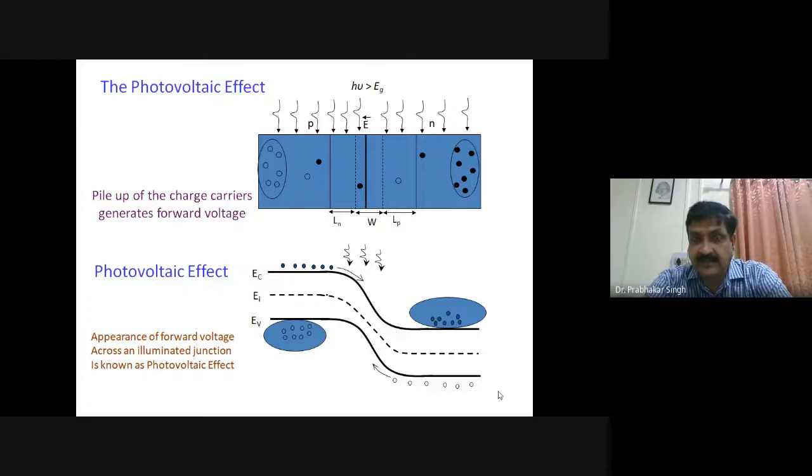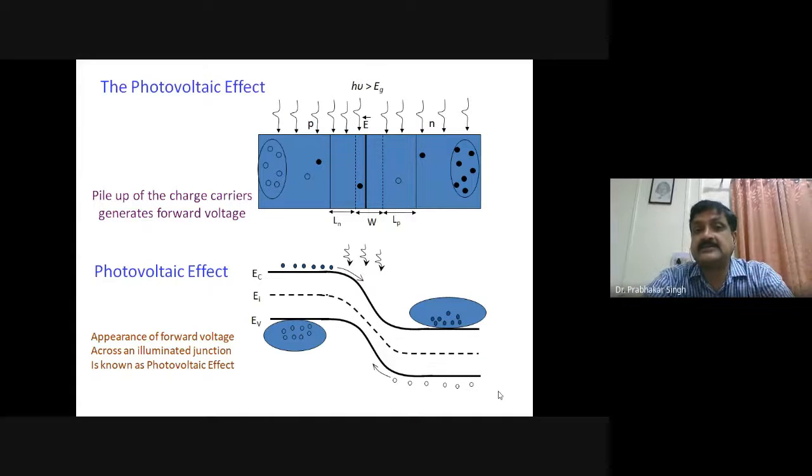When it is illuminated with the proper band energy, holes will accumulate in the p region because of the transfer of holes from the n region, and on this side, electrons will accumulate because the electrons are simply shifting.